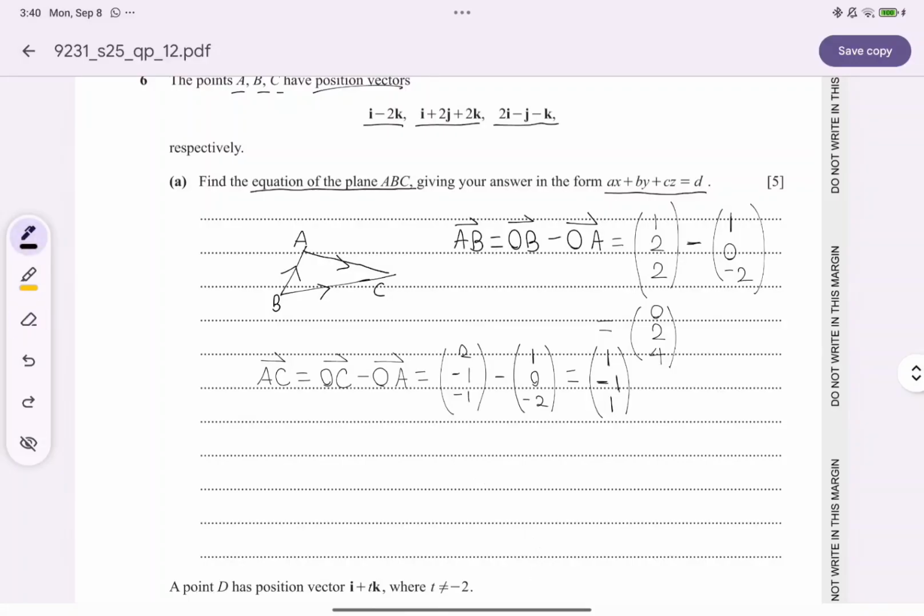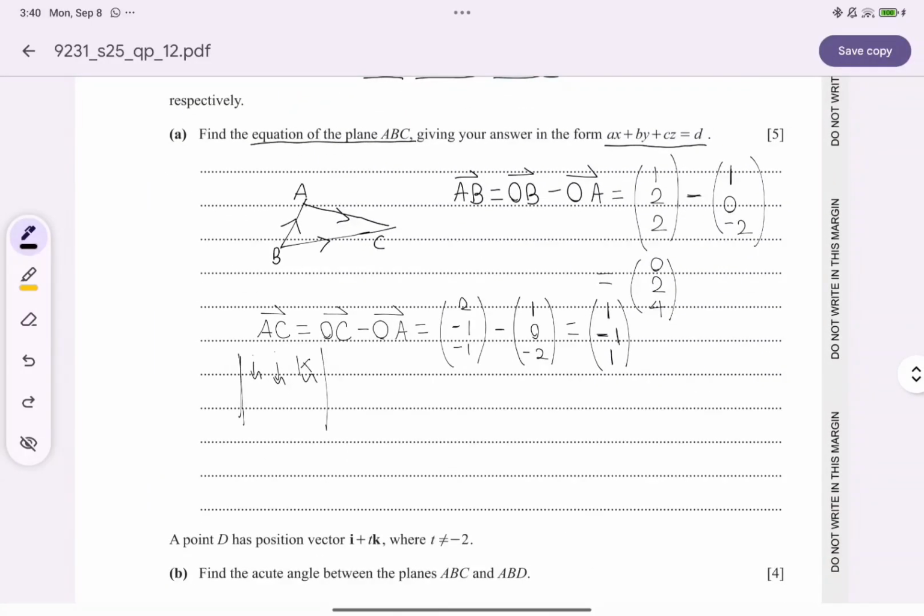So let's list them down in ijk format. So AB is 0, 2, 4, and this is 1, minus 1, 1. In order to do that is almost the same as finding the determinant of a matrix.